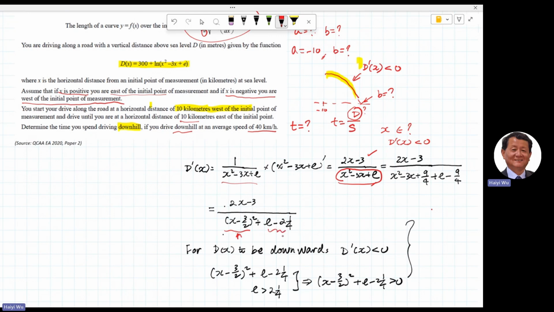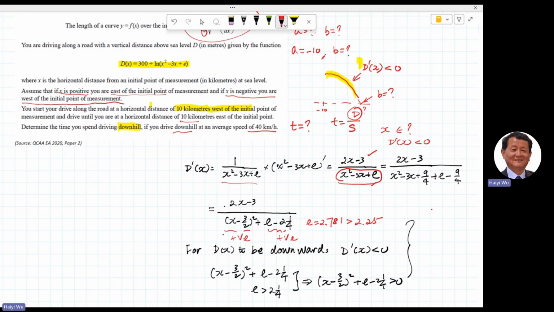So this is positive because e is more than 2.25, since we know e is 2.781. So it's greater than 2.25, so that's positive, and that is positive because of the square.